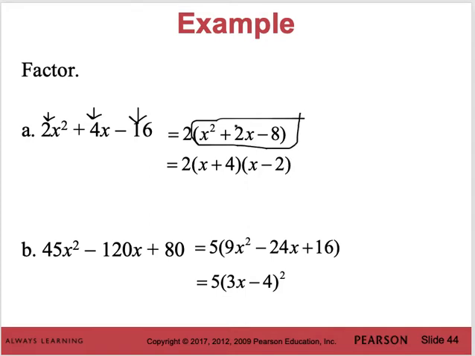What numbers multiply to equal negative 8, but add to equal 2? And I'm able to do it this way because we no longer have a coefficient in front of that x. 4 times 2 is 8. 4 plus negative 2 is positive 2. So positive 4 and negative 2 are those two answers here.